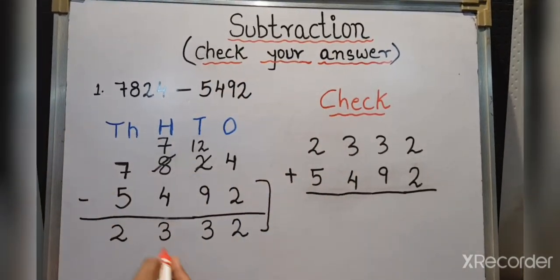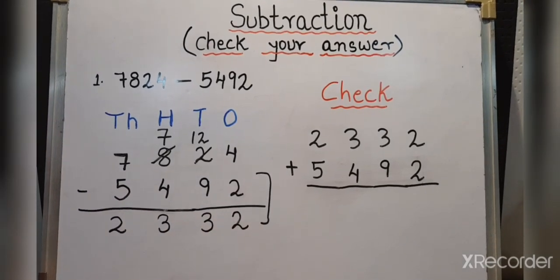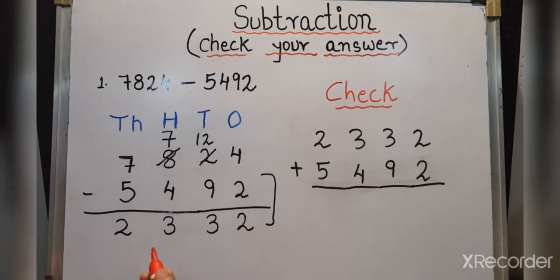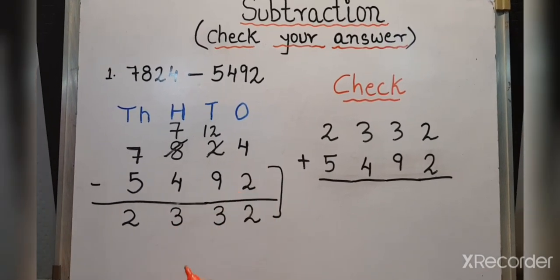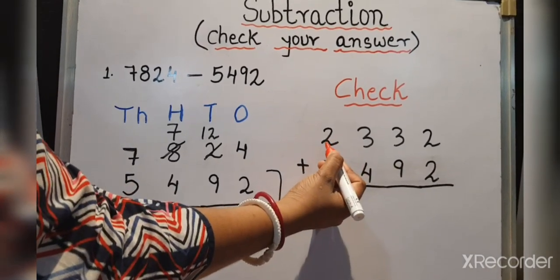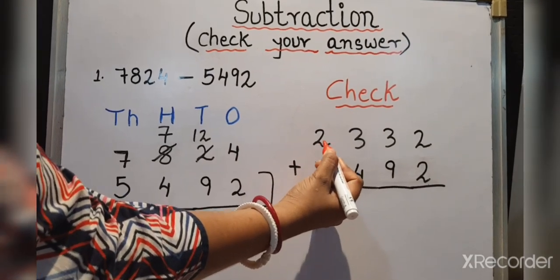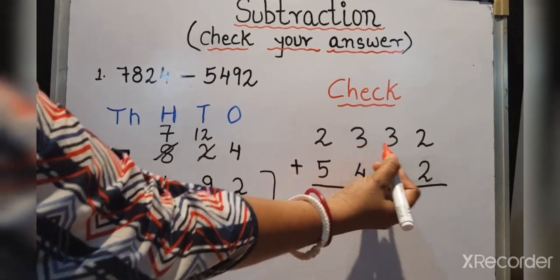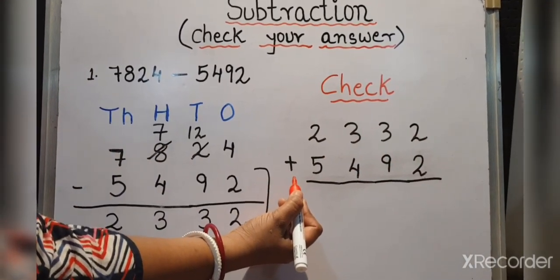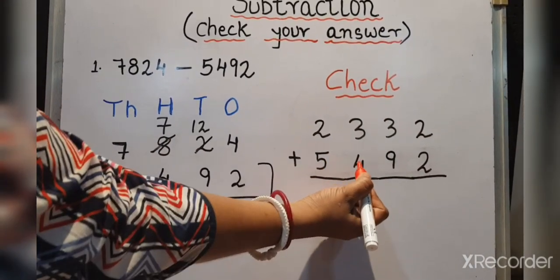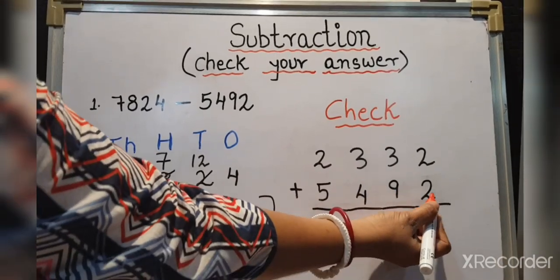We have to check whether the difference is correct or not. For that, we have to add the difference and the subtrahend. So first we will write here the difference, which is 2332, plus the subtrahend, which is 5492.